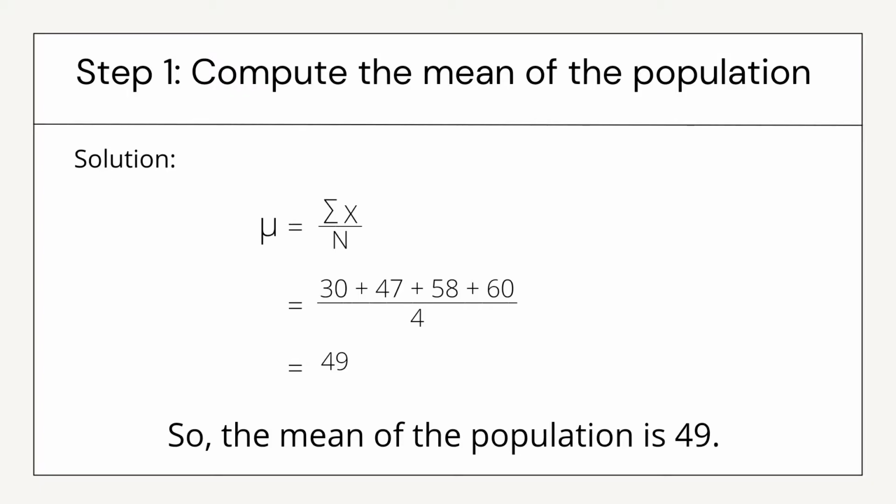Now to compute the mean of the population, we are going to add all the data and then divide it by 4. So 30 plus 47 plus 58 plus 60 is equal to 195, divided by 4 equals 49. So the mean of the population is 49.